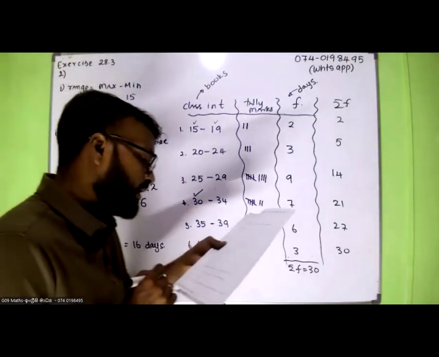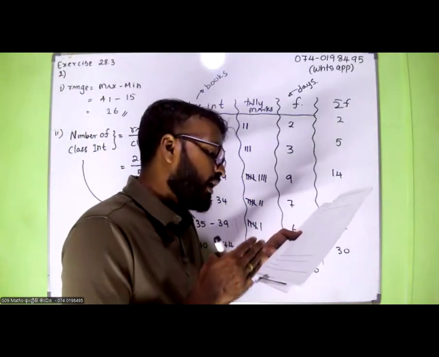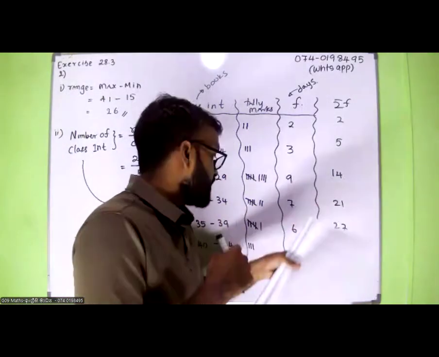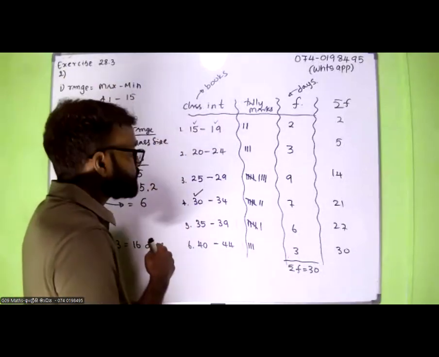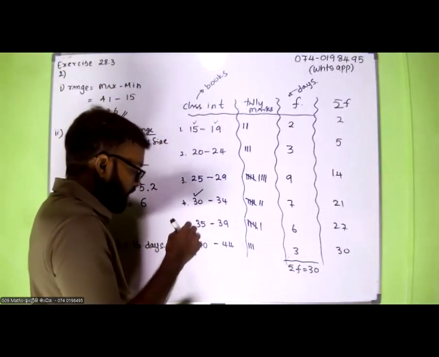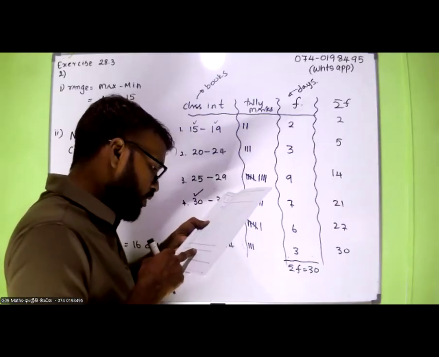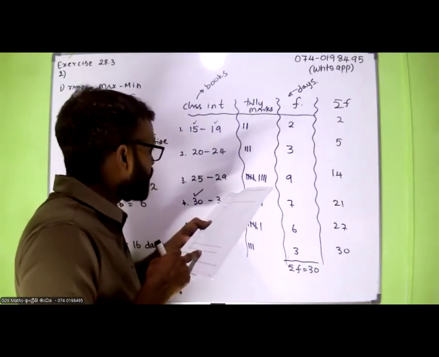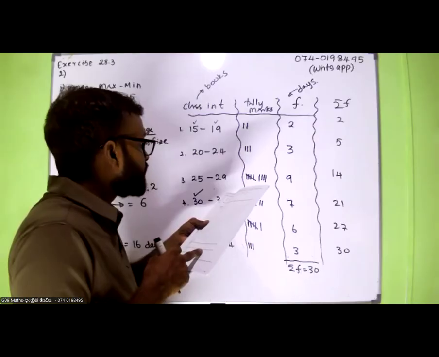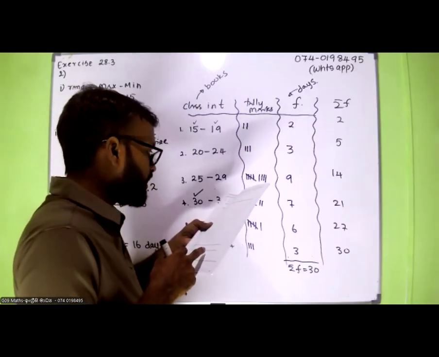Fourth one. How many days are there in which more than 25 but less than 30 books?